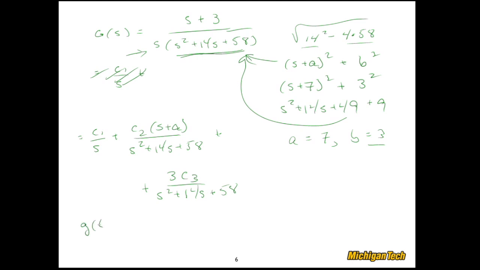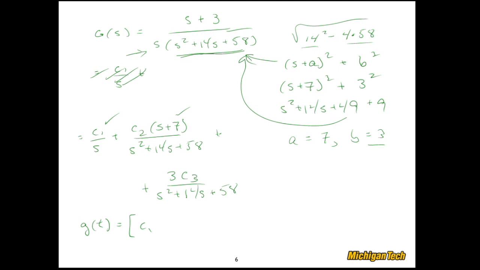I can actually write out g of t, the inverse Laplace transform quantity. I look at this, C1 over S, that's a step, so I get C1. I look at this, and I guess I didn't write the A in there, maybe I should do that, but it really doesn't matter a whole lot.